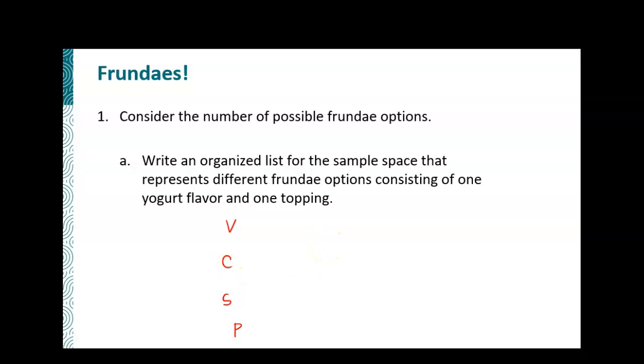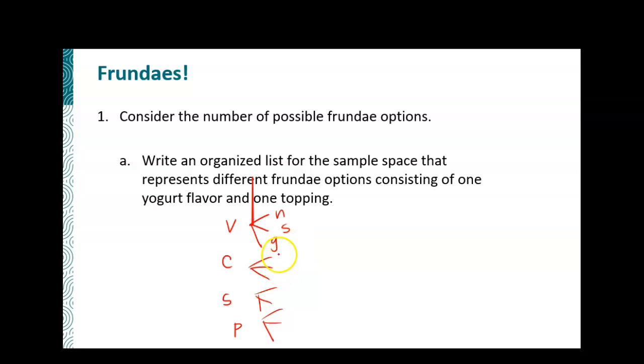And for each one of these, how many toppings are there? 3. So 1, 2, 3. 1, 2, 3. 1, 2, 3. And the toppings are nuts, sprinkles, and granola.